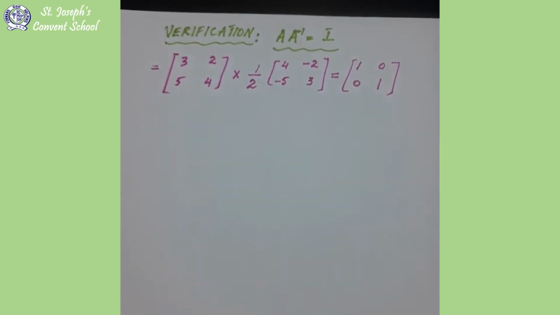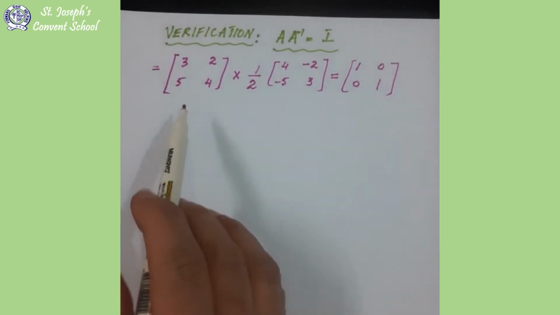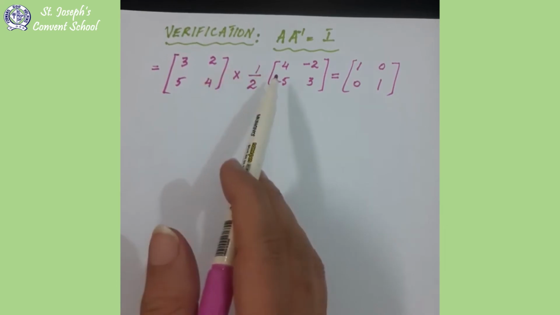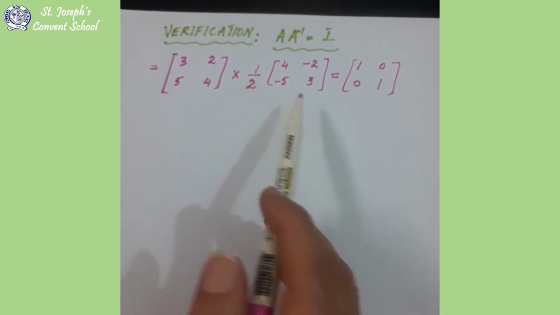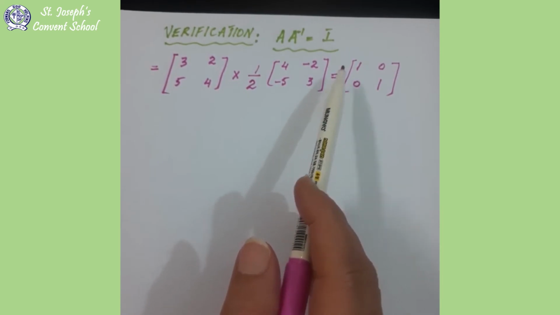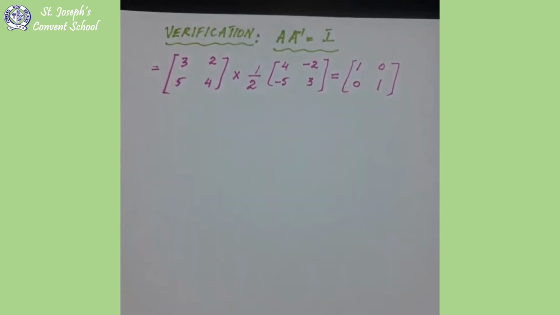Now we will multiply A and A inverse. Multiply these two matrices and divide by 2. 1 upon 2 means divided by 2. And see whether the answer is 1, 0, 0, 1 or not. So this is known as verification. Let's multiply. You have already done multiplication, so if you know multiplication, you can easily solve this.